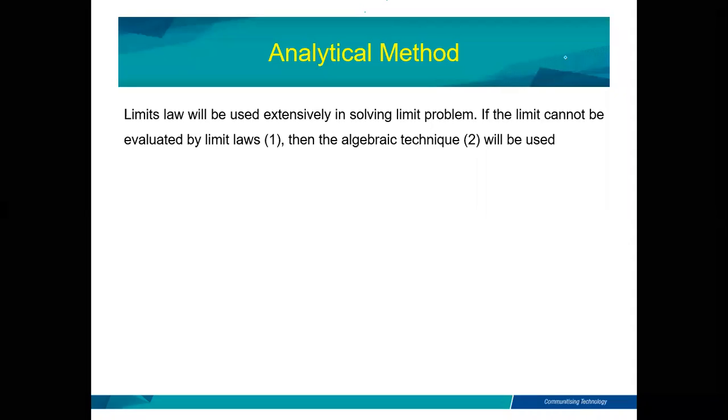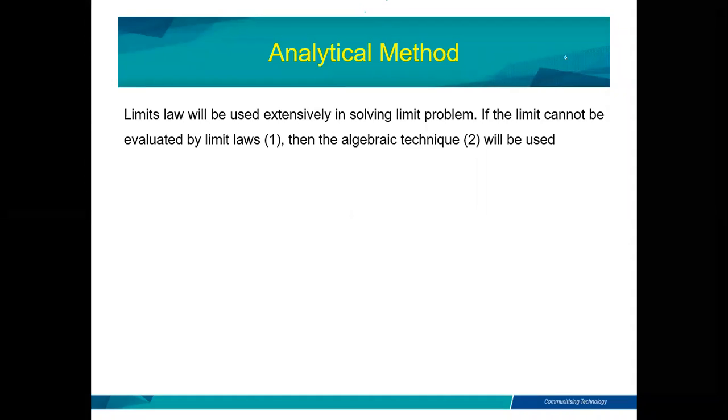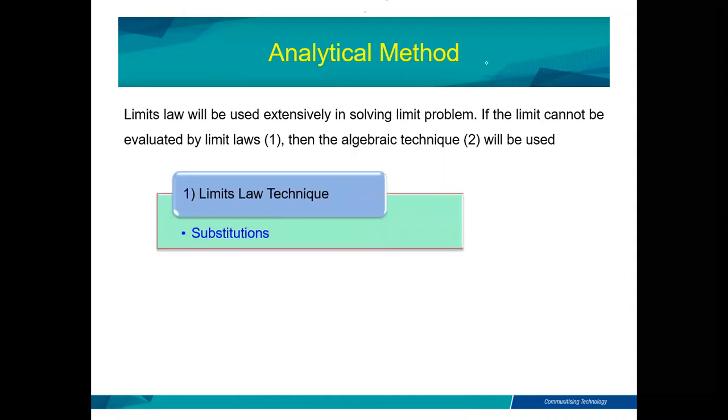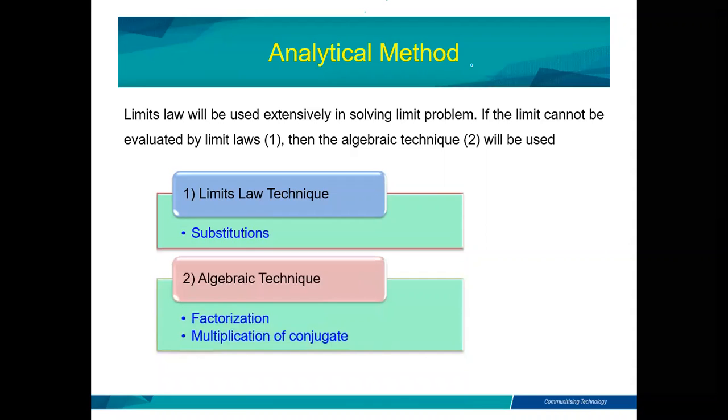So we continue with the third method of evaluating the limit, which is the analytical method. For the analytical method, we have two techniques. They are the limit law technique, where we use substitution, and the second technique is the algebraic technique.